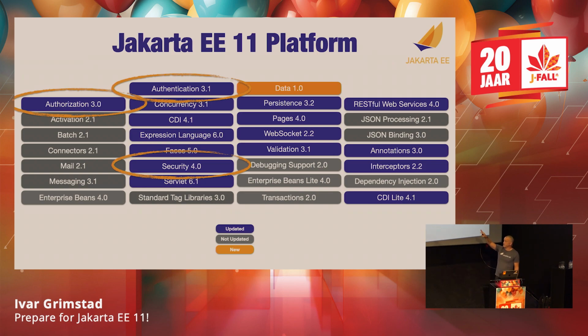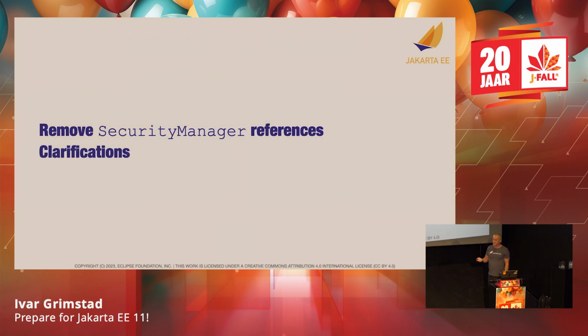So there are actually thoughts of merging them together as one specification that is just SPI level for the implementers. Security is removing any reference to the security manager wherever they have it, and they're clarifying the APIs here and there to make it easier to use.